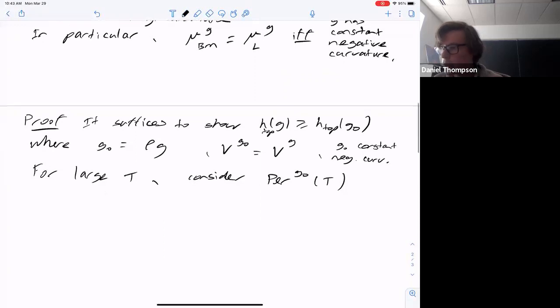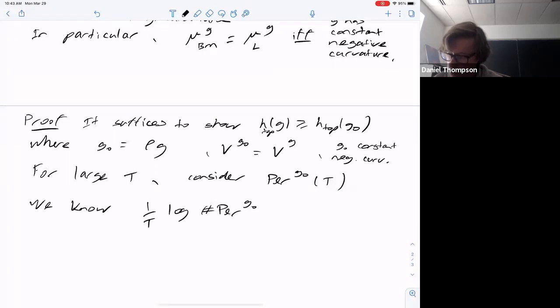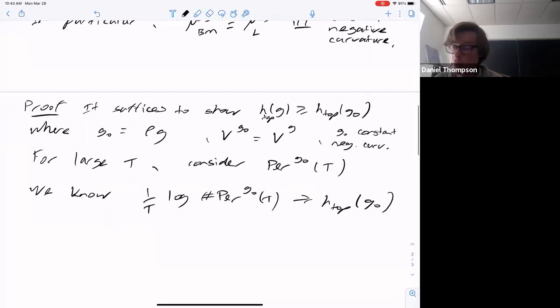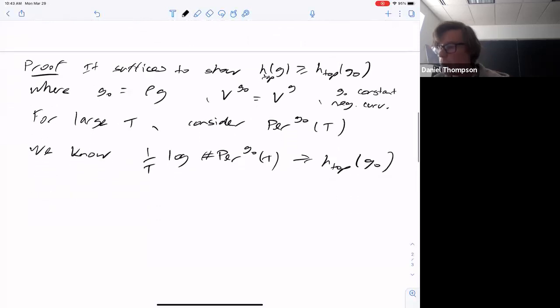Again, what we did earlier, we know that if we look at the growth rate of this guy, we're getting the topological entropy of G0. So again, periodic orbits are going to be a key actor here.